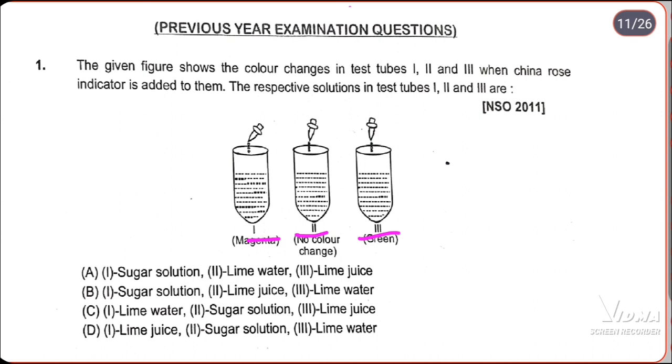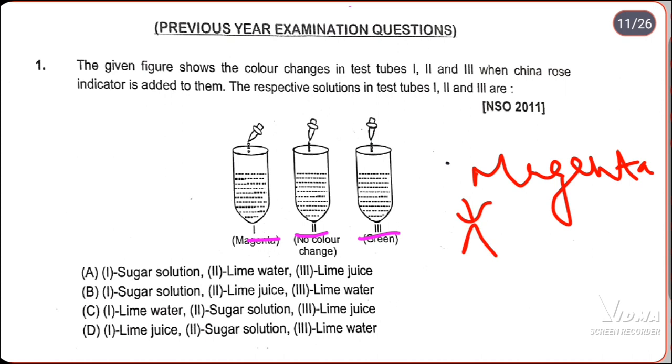So now China rose is added to all the test tubes, and in the first test tube the color is magenta. China rose gives magenta color in acidic solution. Acidic solution means test tube 1 is acid, right?